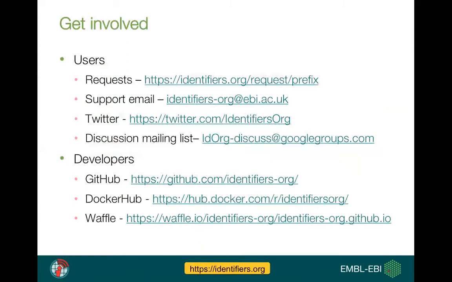And all our code is in GitHub. You can access all the information there. And we also have bits of the new infrastructure in Docker Hub, so you can try running a Docker container for the resolver and see how that works.